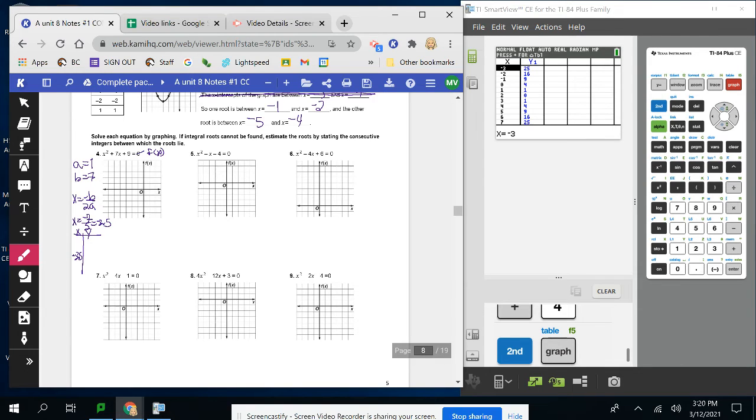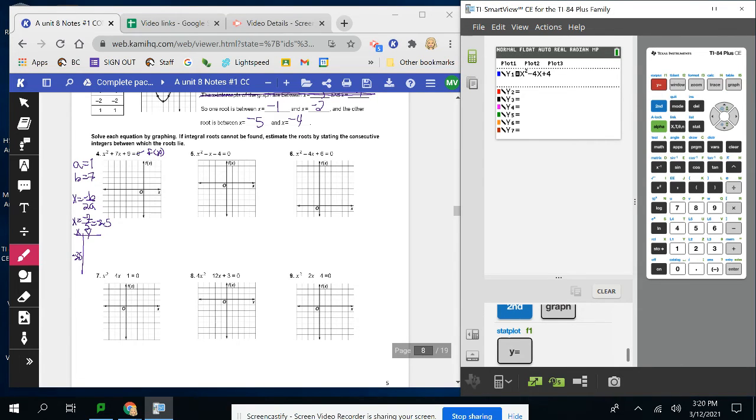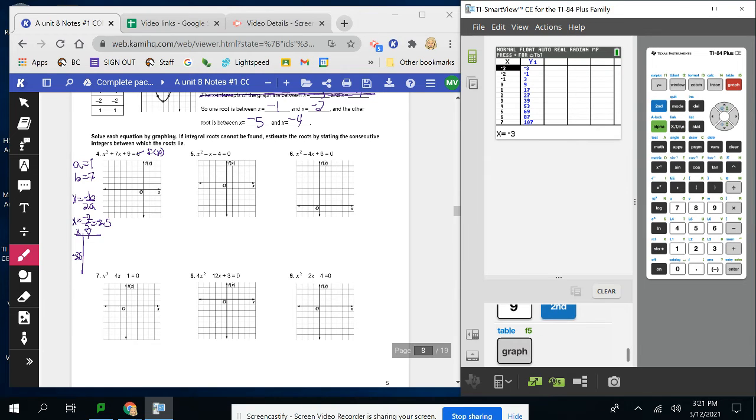Use my calculator, so I go to y equals, I'm going to graph x squared plus 7x plus 9. Look at my table. I want to see what's happening at negative 3.5, so I hit the plus sign, change it to go by 0.5. Okay, so negative 3.5 is negative 3.25.